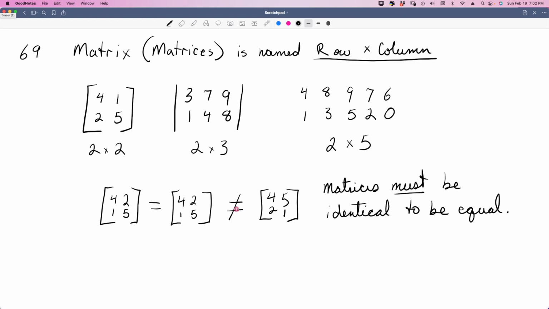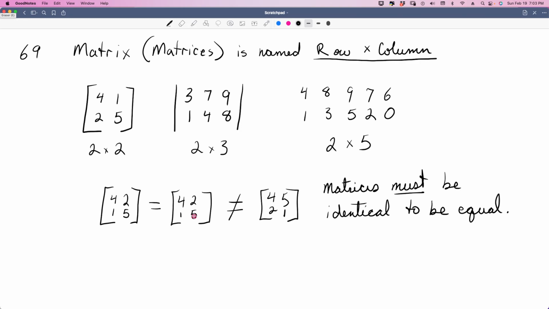The numbers have to be arranged in the same way in order for them to be equal to one another. So look for identical placement of the numbers, not just having the same numbers.